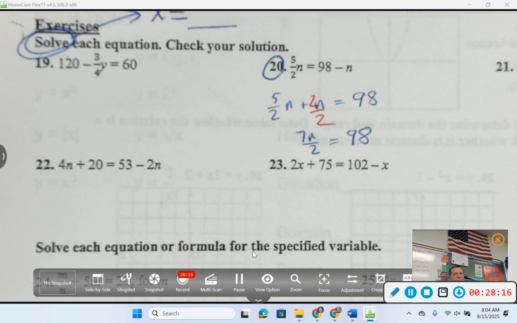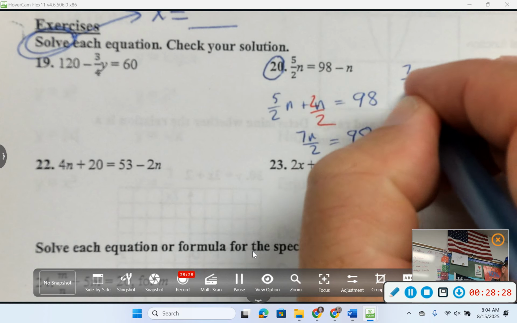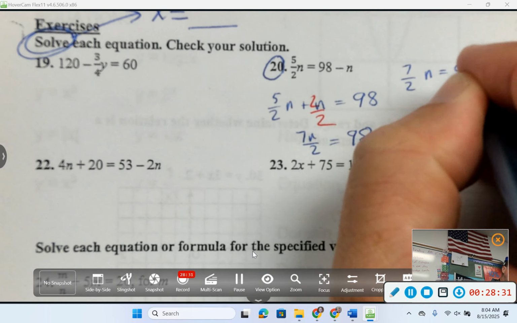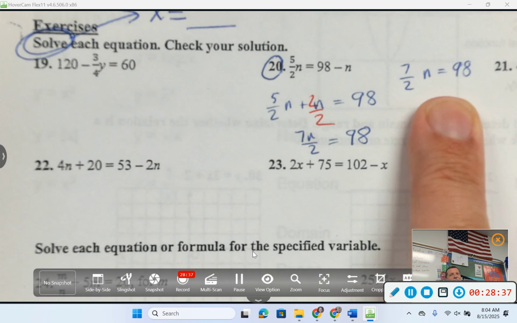Did I do that right? Can I not do 7/2 n, or is that not how it works? No, that's fine. If you want to write that as 7/2 n equals 98, that might work better for what we're going to do next.